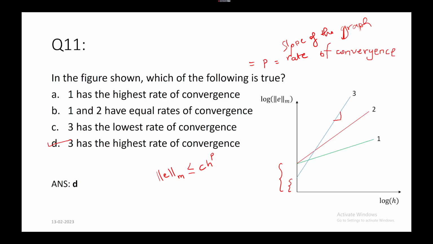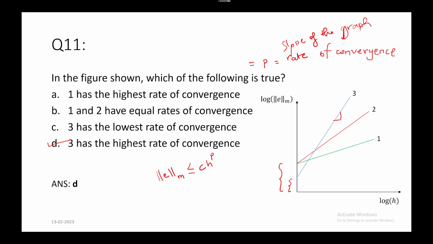So can anybody guess what the intercept value could be? We saw that slope is nothing but your value of P, which is the rate of convergence. What is the intercept value? Any idea?